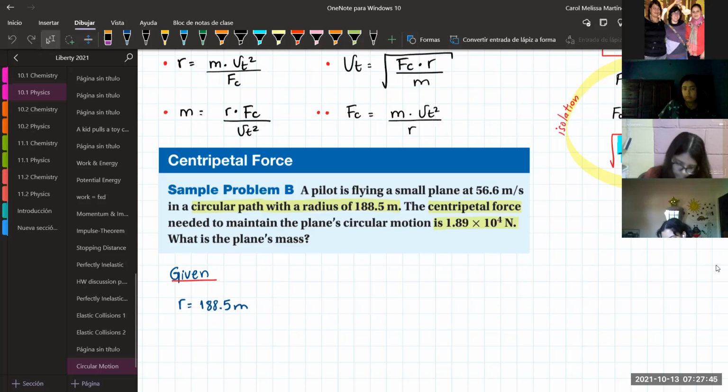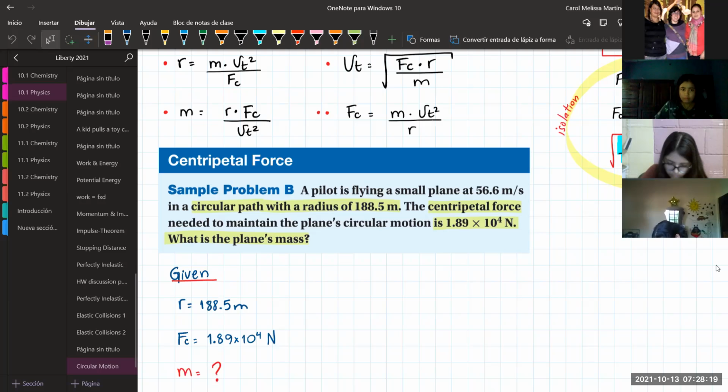So Fc is 1.89 times 10 to the fourth power Newton, and it's asking you what is the plane's mass. So I'm looking for the mass, which is going to be my unknown.